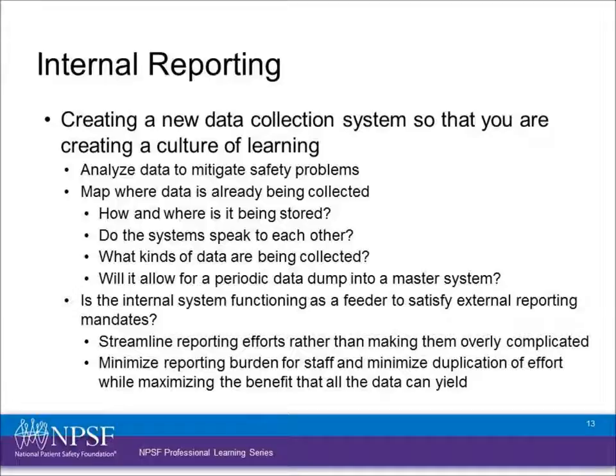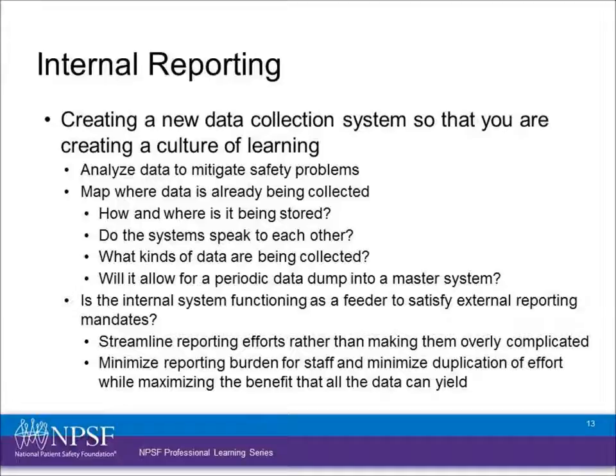The other question I would ask is whether the internal system functions as a feeder to satisfy external reporting mandates. Again, whenever possible, I think organizations should try to streamline their reporting efforts rather than making them overly complicated or redundant. Ideally, your goal should be to minimize the reporting burden for staff and to minimize the duplication of effort, while of course maximizing the benefit that all that data can yield in terms of better understanding the culture.